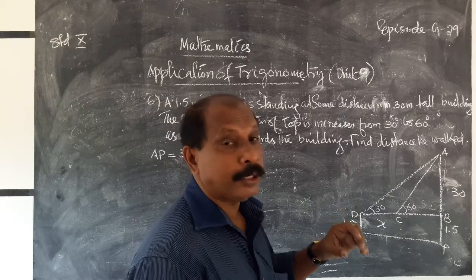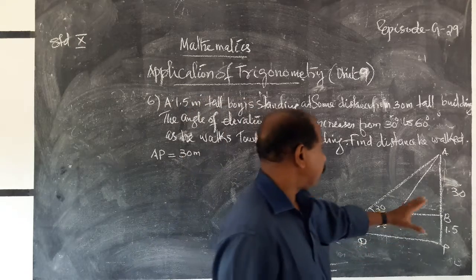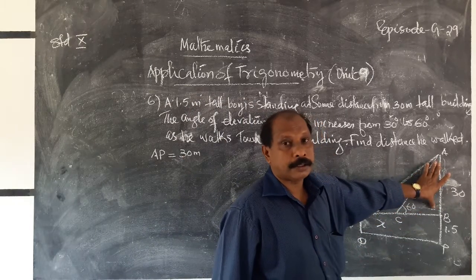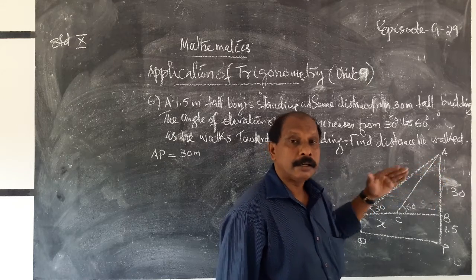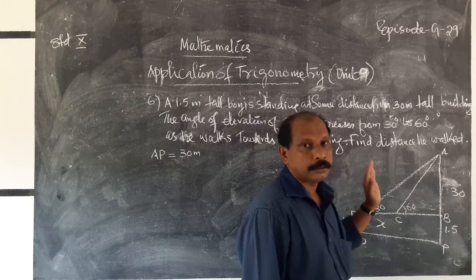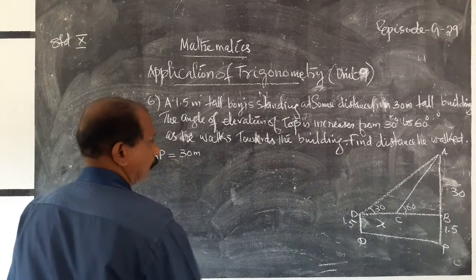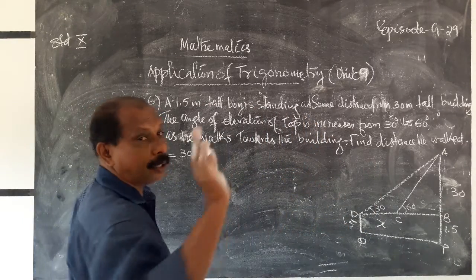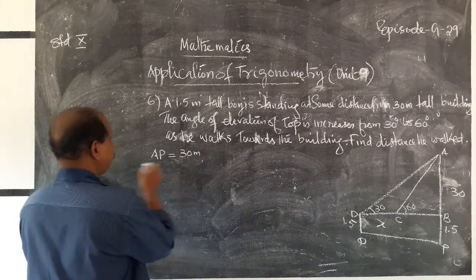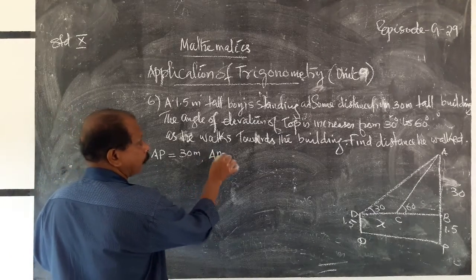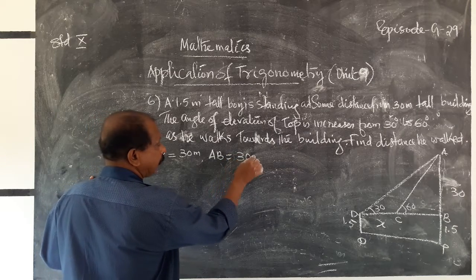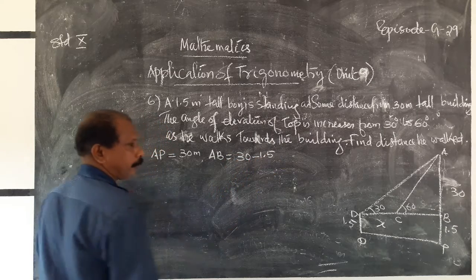Therefore, the height of the boy is reduced. We get the height of that building when he viewed the top of that building. Therefore, AB is not 30. Therefore, AB is equal to what? 30 minus 1.5, not 30.